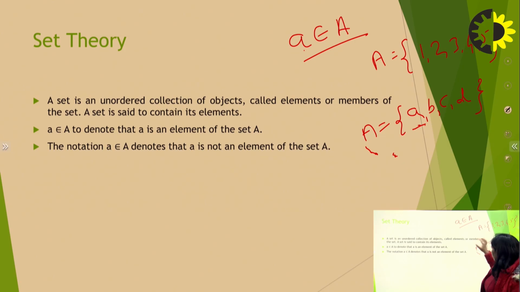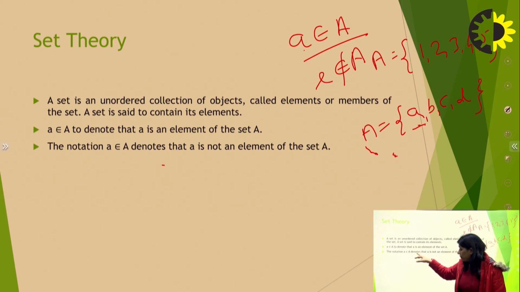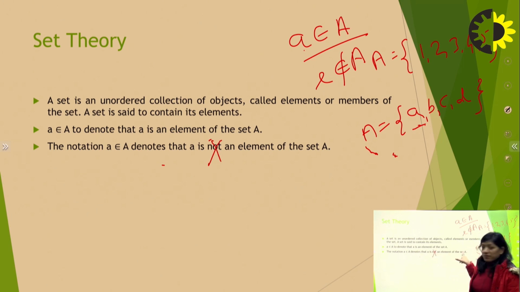If I mention E, and E is not a member of set A, then I write E does not belong to A. Here there is a mistake: the notation A belongs to A denotes that A is an element of the set A.